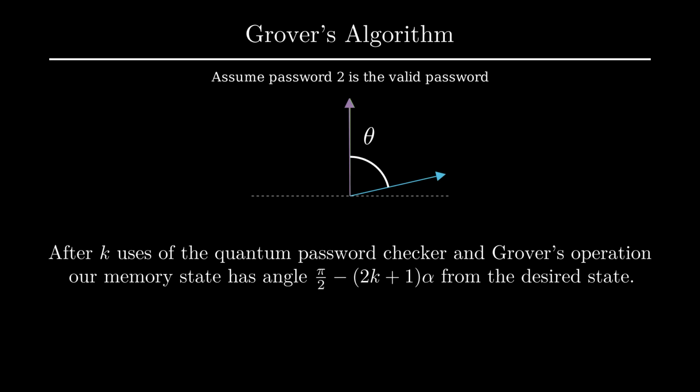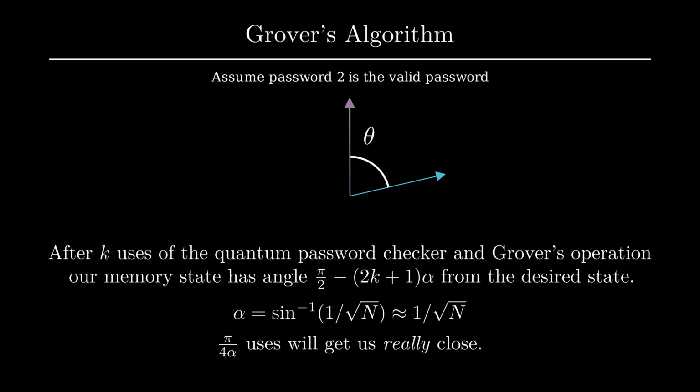Since alpha is 90 minus theta, alpha is sine inverse of 1 by square root n, which is basically 1 by square root n for large n. So the number of times we have to do this pair of operations for the angle to reach close to 0 is around pi by 2 divided by 2 by square root n, or square root n times pi by 4. With n being 1 trillion, this is just 785,398,163,397 uses of the password checker.